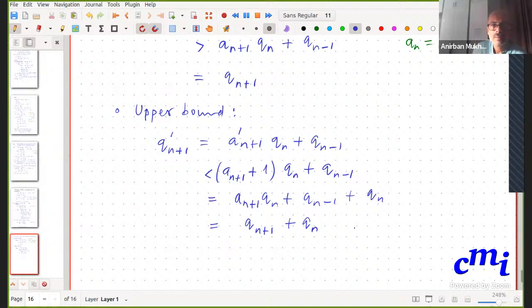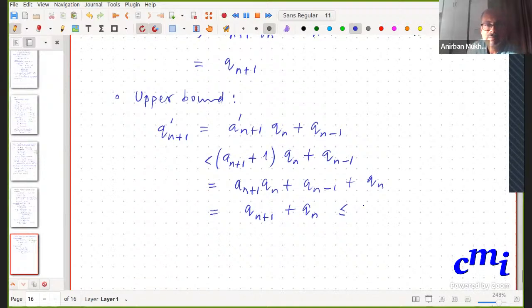Let's take a slightly larger bound, which will serve a good purpose. If I multiply this by an plus 1, which is at least 1, since we have always assumed that all partial quotients except the first one are non-zero positive integers, natural numbers, then we get an upper bound.